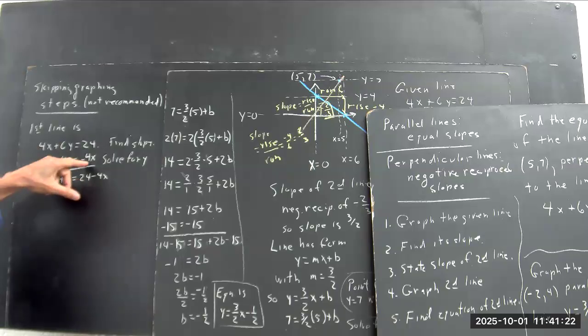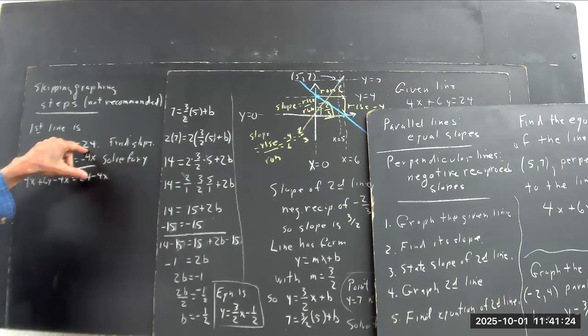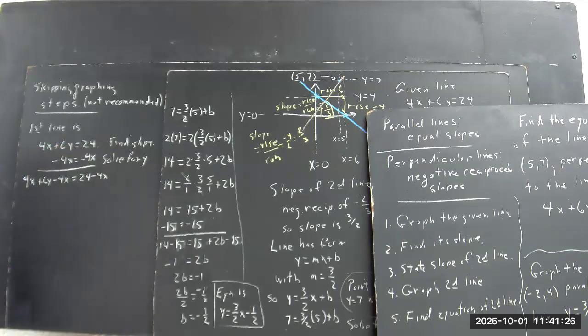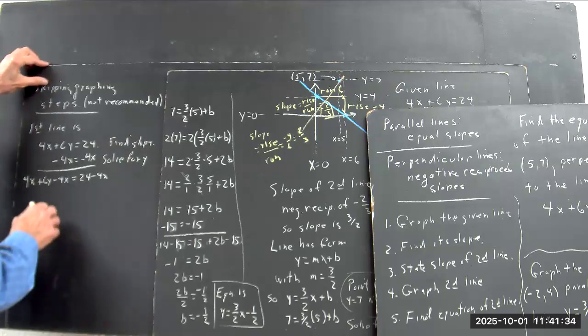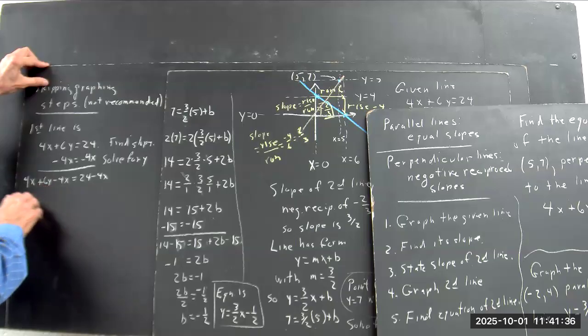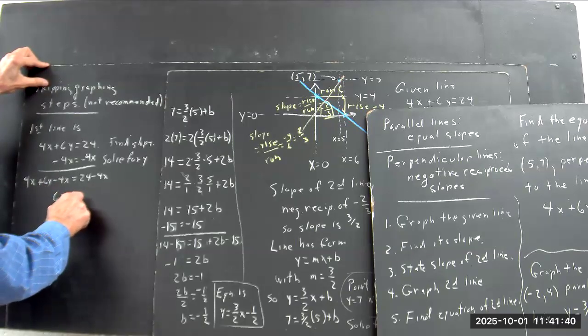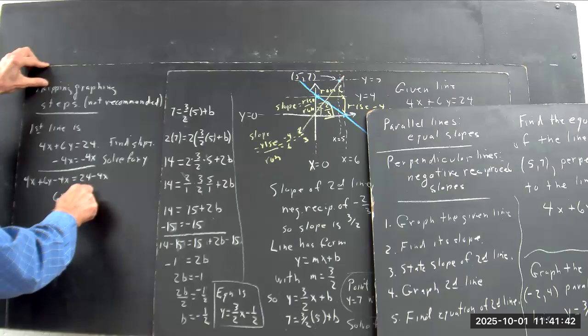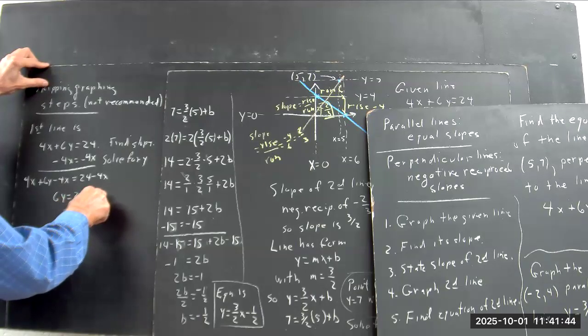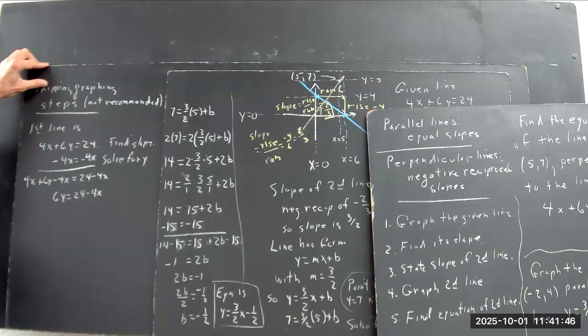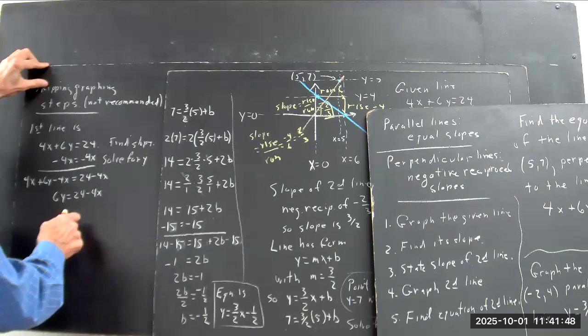If you're tempted to subtract this 4 from 24 and then put an x on it, and I see it a lot, you don't want to do that. That's totally invalid. Okay. In any case, 4x and negative 4x gives us 0, so we get 6y equals 24 minus 4x. Okay, so now what do we do?